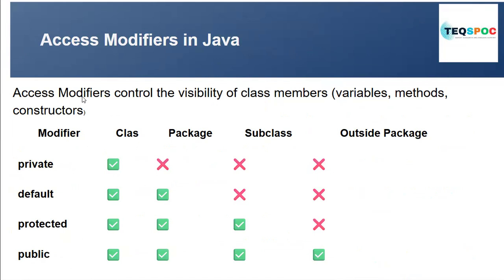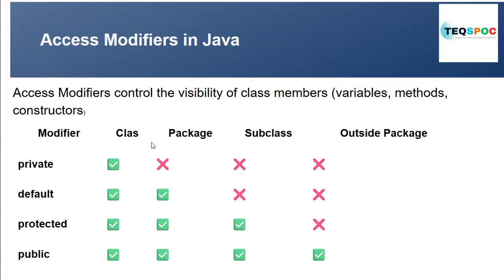Now, access modifier. We have seen access modifier already. Now let me tell you a few more advanced points, so that if an interview asks you some question related to the access specifier, you are able to answer. Access specifiers control the visibility and accessibility of the class, variable, method, and constructor.